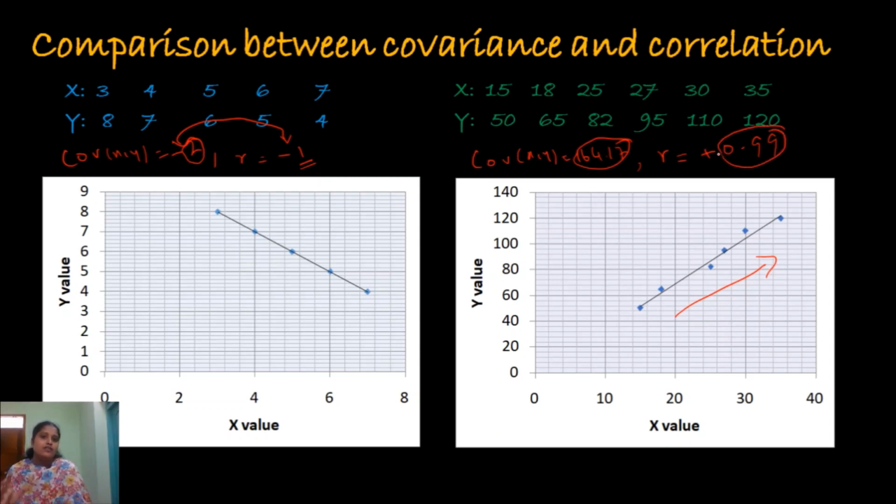So we should say there exists a high positive correlation between the two variables. Comparing these two, covariance gives only the direction of the relationship, whereas correlation gives both the direction and strength of the relationship between the two variables.